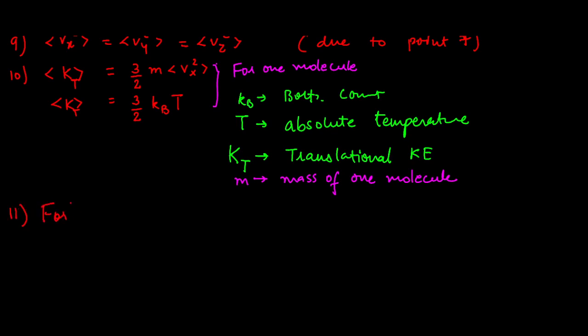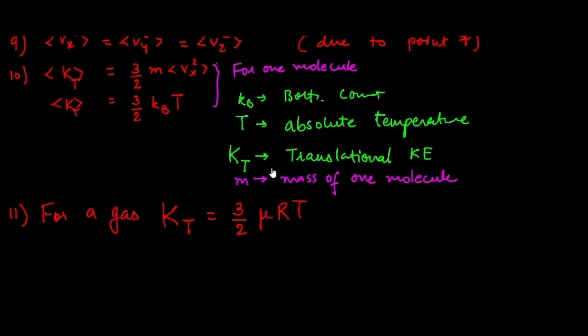For a gas, KT equal to 3/2 mu RT. No, in second vessel randomness will be same as first vessel. Okay, just that the whole vessel will move.